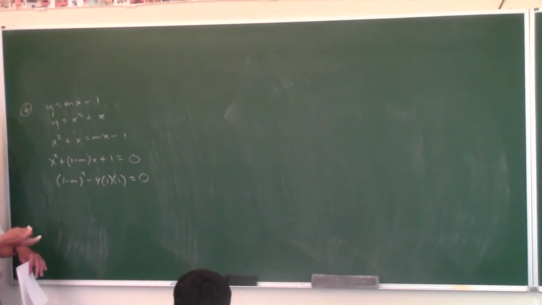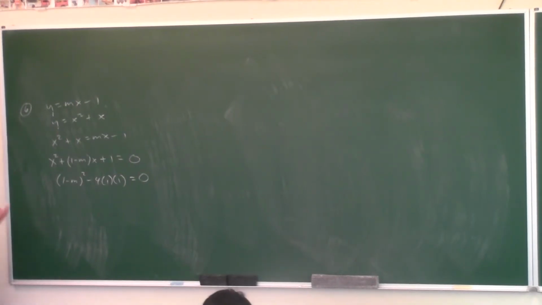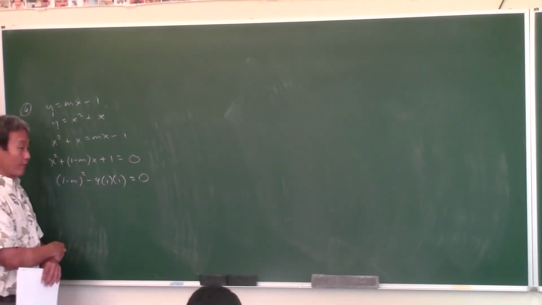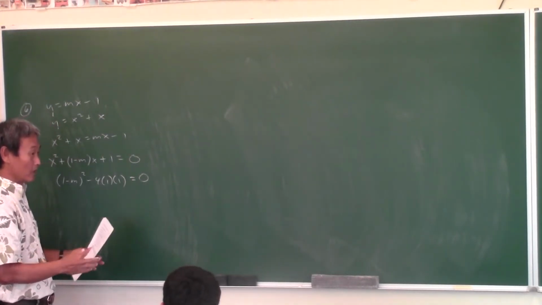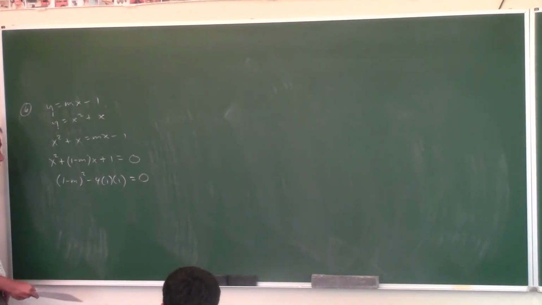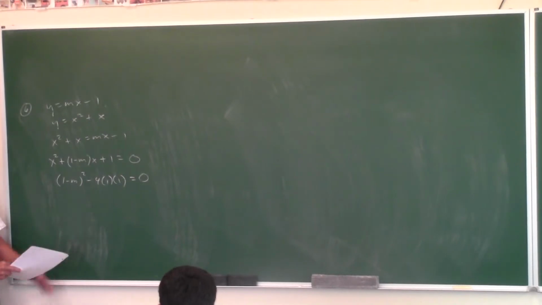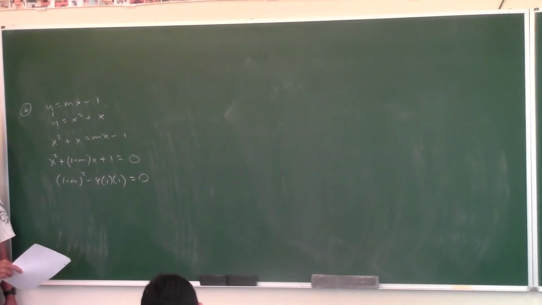There's only 1 point of intersection. You guys understand that? That's the whole concept of this thing. In order for a quadratic equation to have one solution, in other words, a double root, the discriminant must be equal to 0, and then now all you have to do is solve for m. You guys can take it from there, right? And notice that it's another quadratic equation. So we're going to have 2 answers.